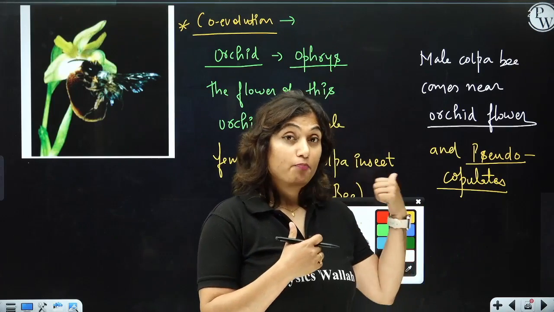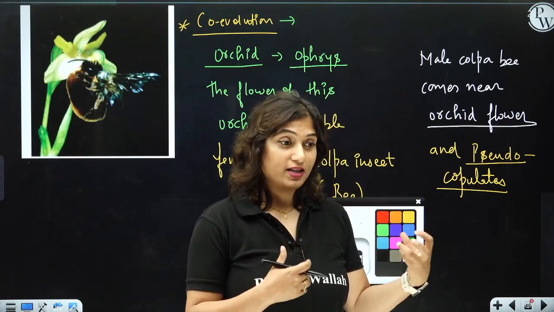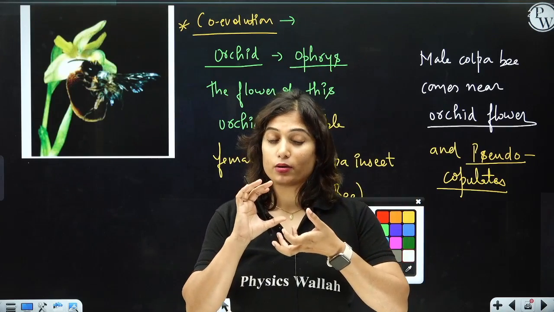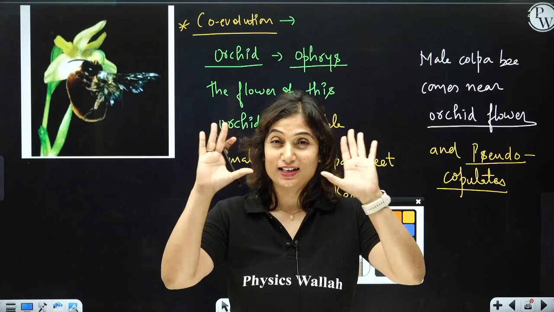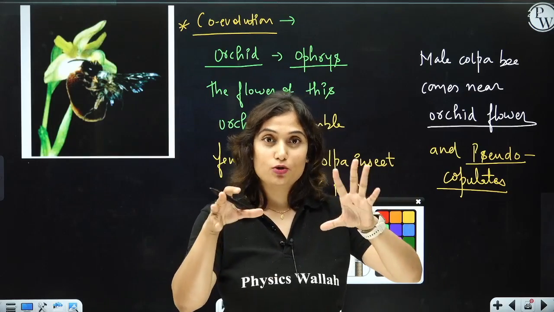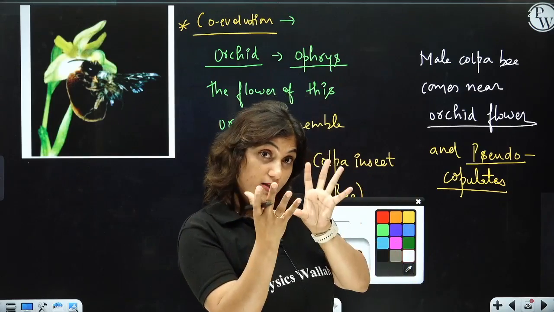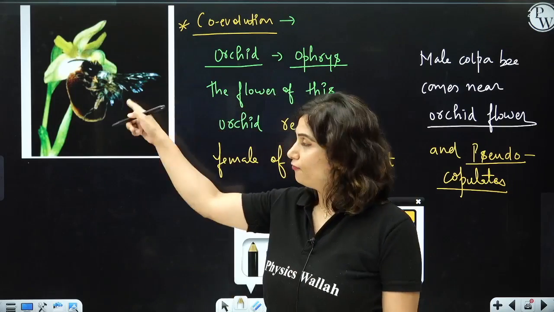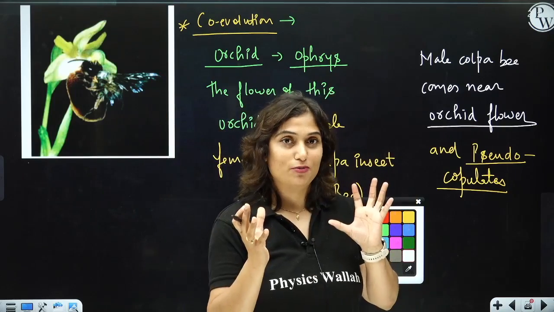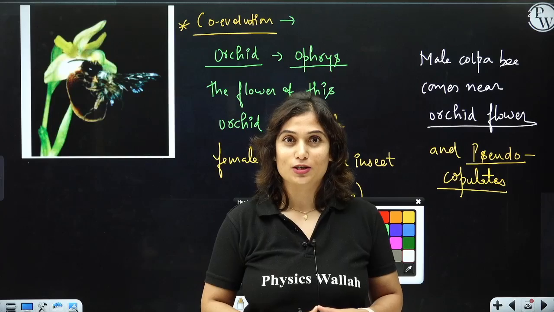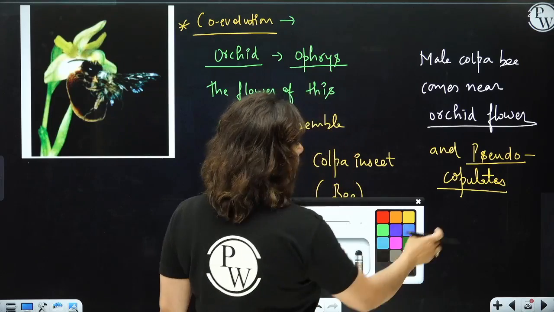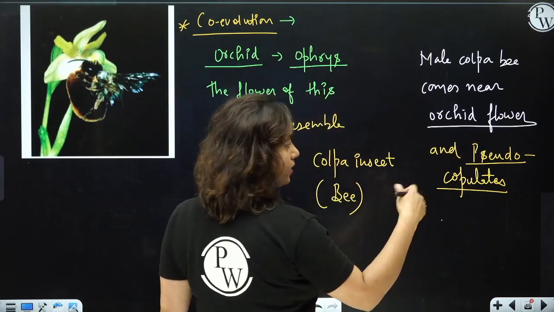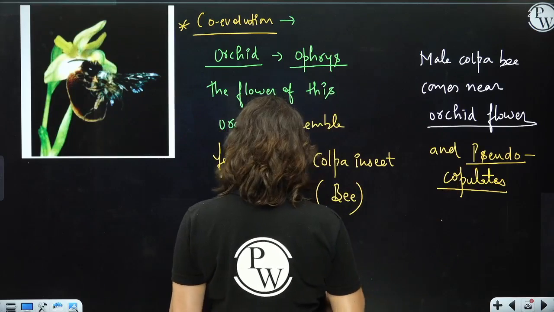If the female Colpa insect, in the course of evolution, tries to change its appearance, the flower will also change its appearance. So it is a case of co-evolution, right? So the male Colpa bee will pseudo-copulate the flower.